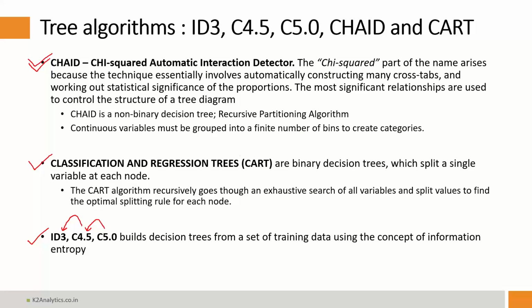Because it uses the chi-square, it is called chi-squared automatic interaction detector. Now, why automatic interaction? The technique involves creating a contingency table, that is a table between the dependent and independent variable.